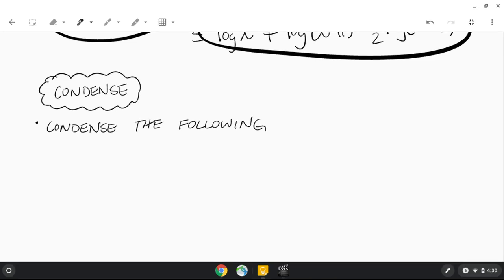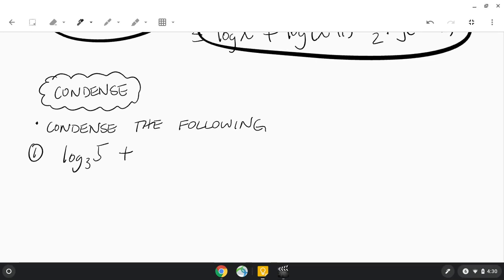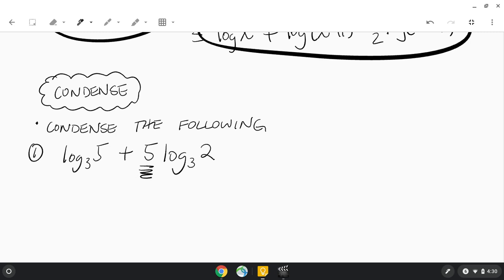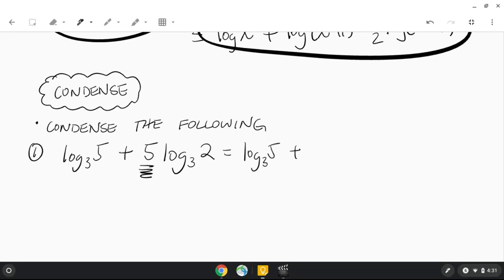Okay, suppose that I have this log base 3 of 5 plus 5 log base 3 of 2. Okay, so we're going to go ahead and start off with these numbers over here out in the front. We're going to go ahead and move them back to the exponent position. So that log base 3 of 5 will remain. But this one will become log base 3 of 2 to the 5th.